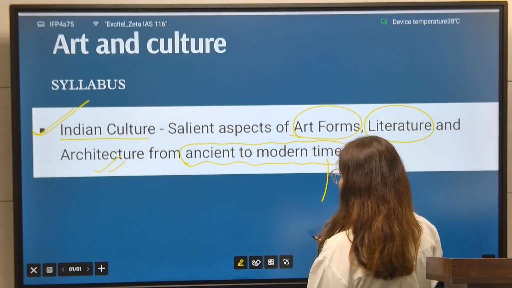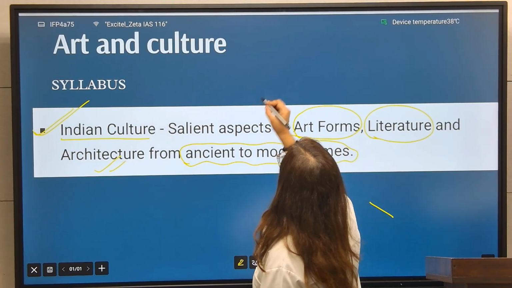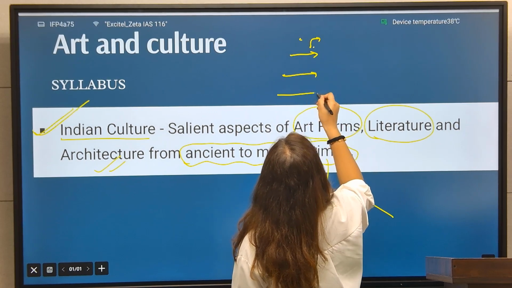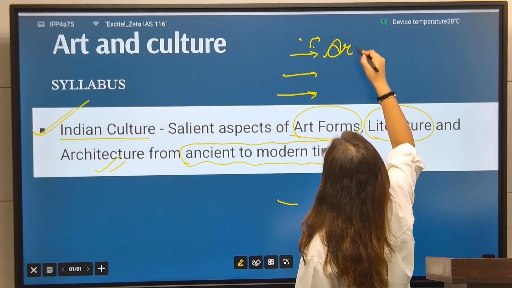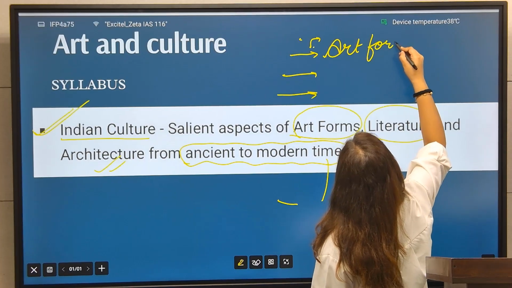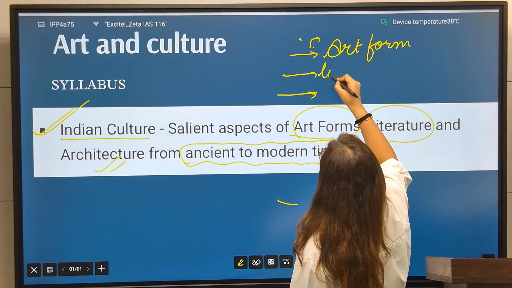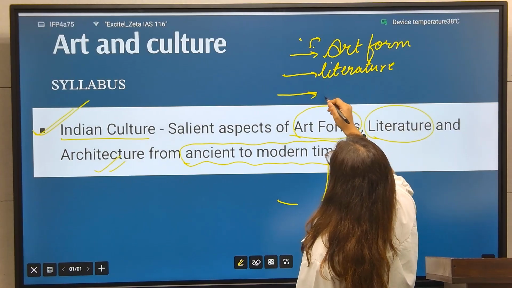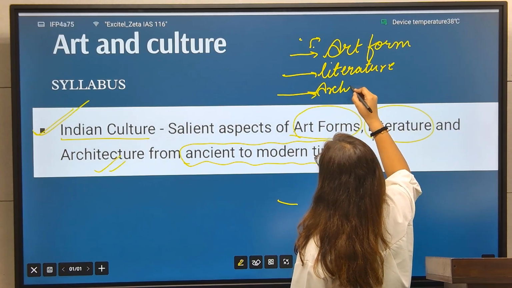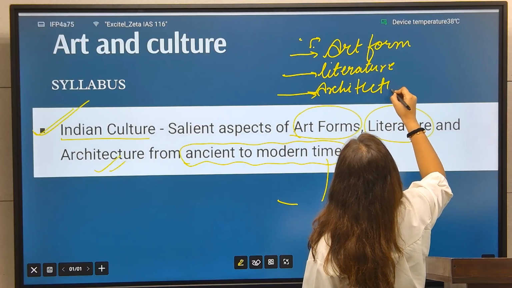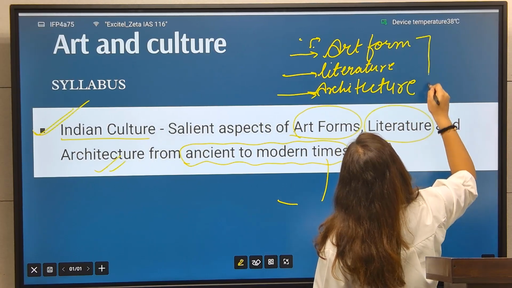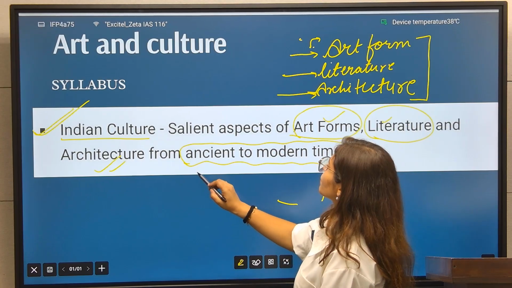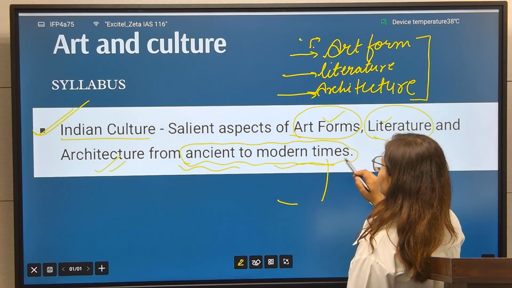So there are three things: one is art form, second is literature, and third is architecture. These three things, from where to where? From the ancient to the modern part.